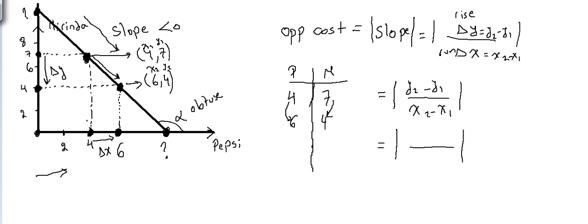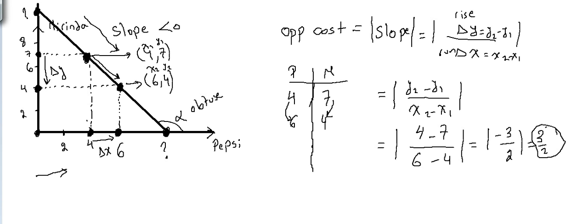We say it's y2, which is 4, minus y1, which is 7, over x2, which is 6, minus x1, which is 4. So the answer will be the absolute value of negative 3 over 2. The final answer will be 3 over 2, a positive answer, and it is the opportunity cost. It's 1.5. I think that is enough.